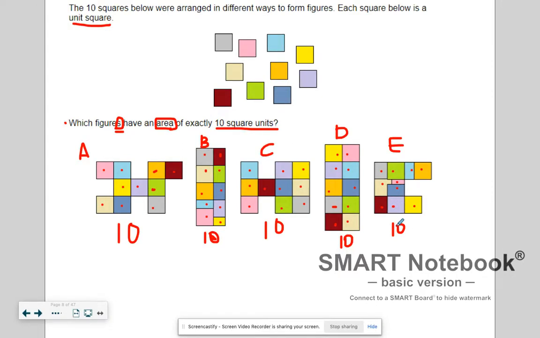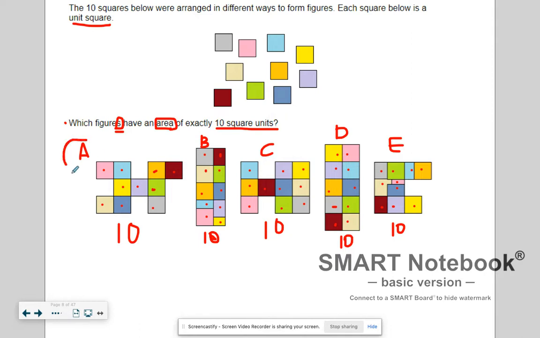We talked about last week, guys, with the tiling of the rectangles. We learned that they have to be equal. I hope you remember that the squares have to be equal. So let's look at the size of these. In A, are the sizes of these squares equal? Yes.